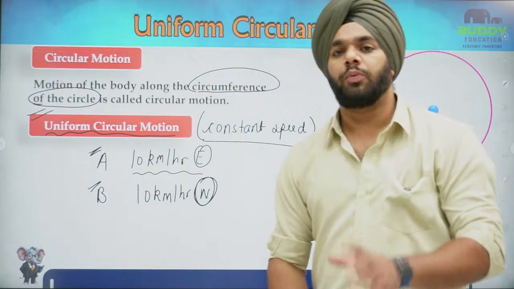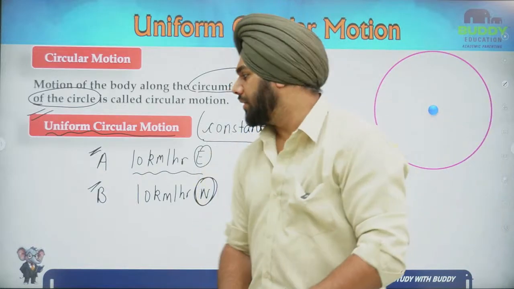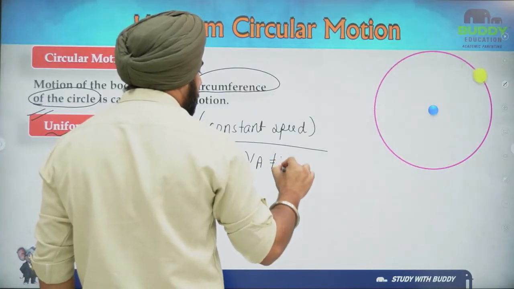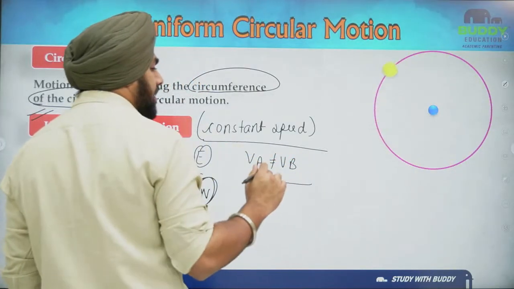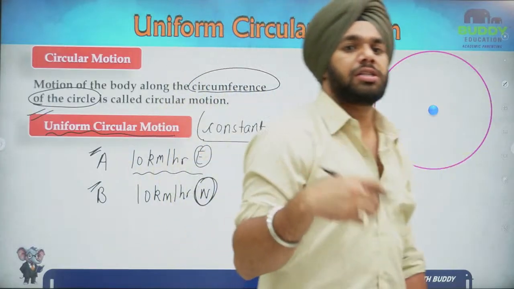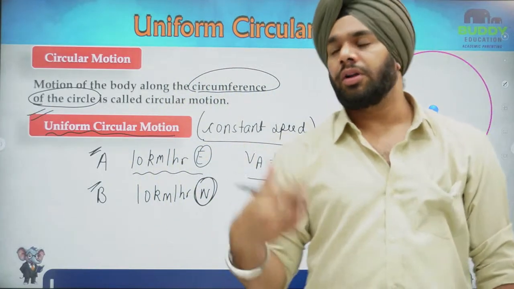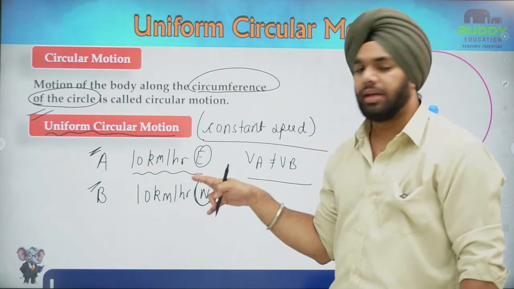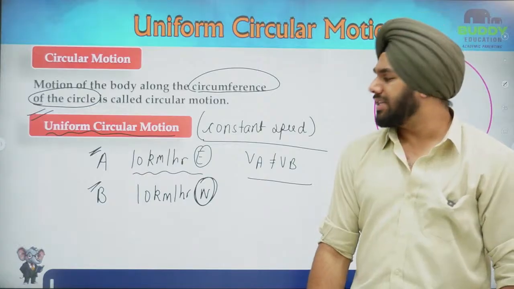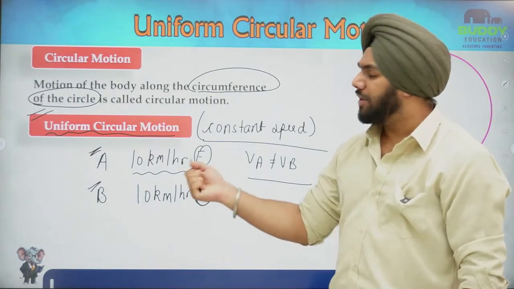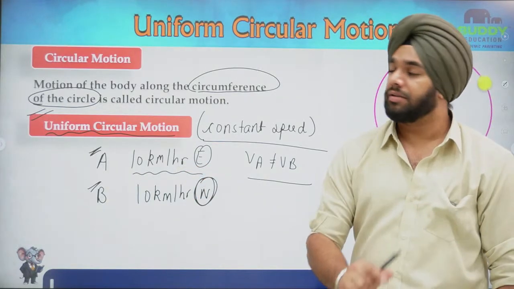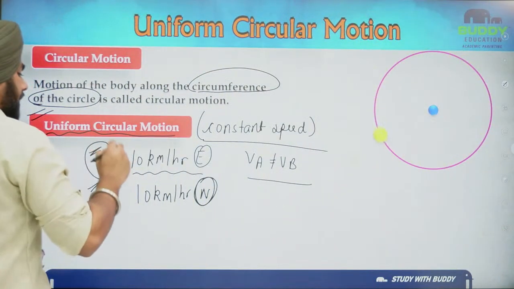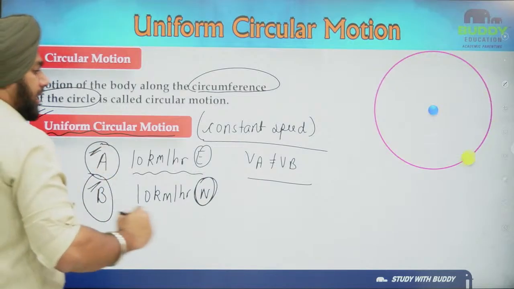That means VA is not equal to VB. Why are we saying that VA is not equal to VB? Because it is not dependent on the magnitude only. It is also dependent on the direction. So if the directions are different, we can say that velocities are different.